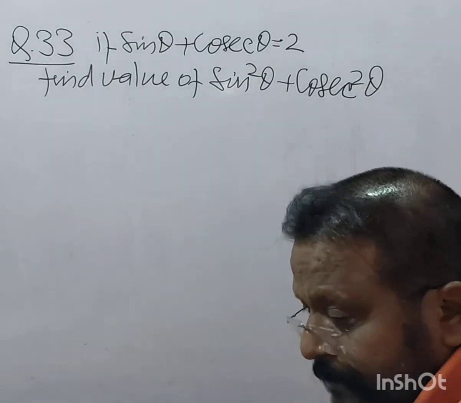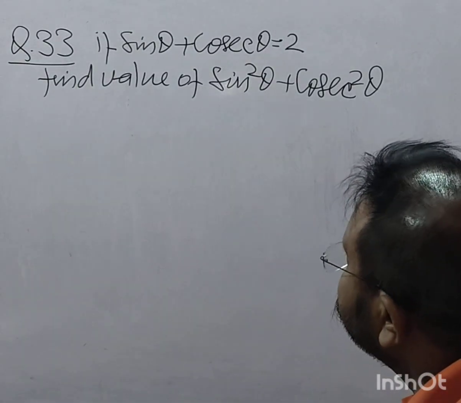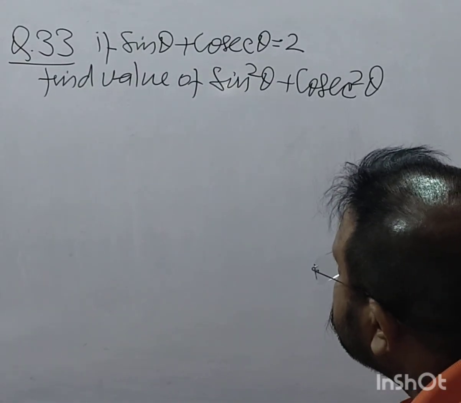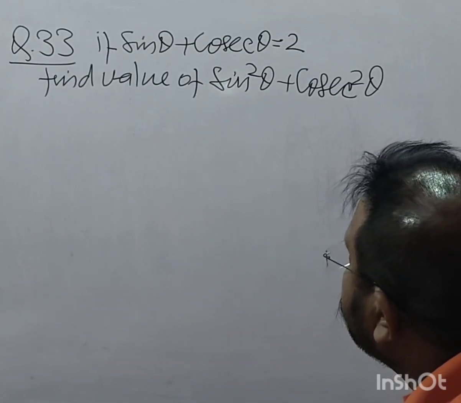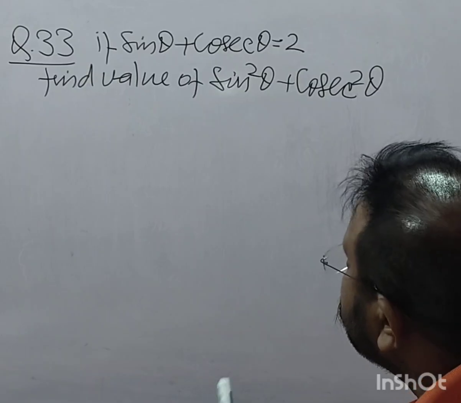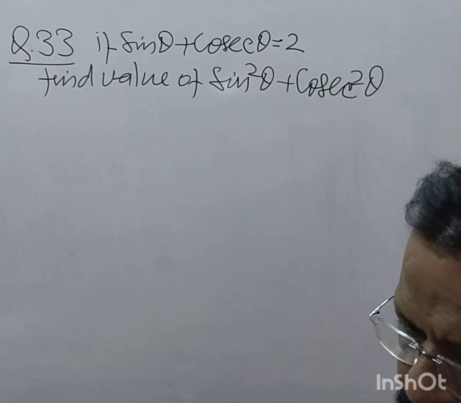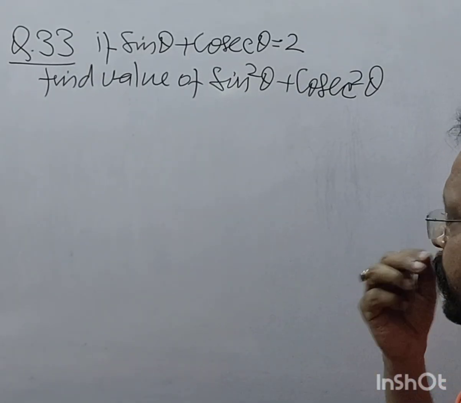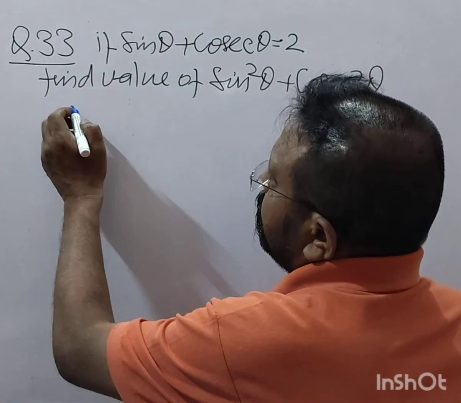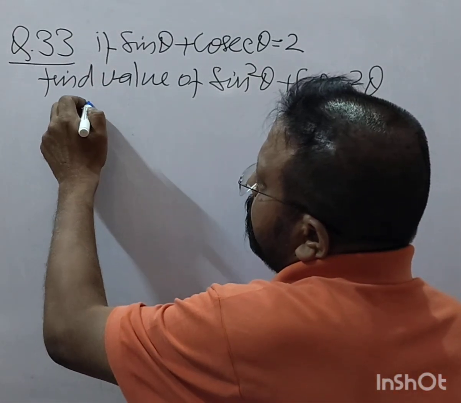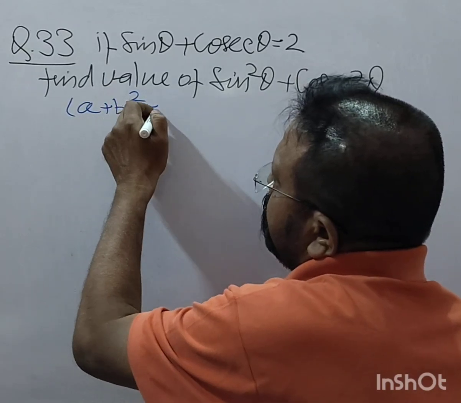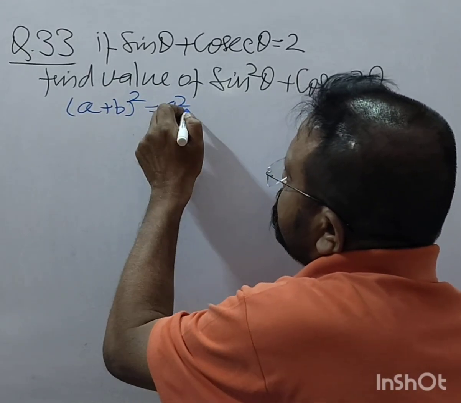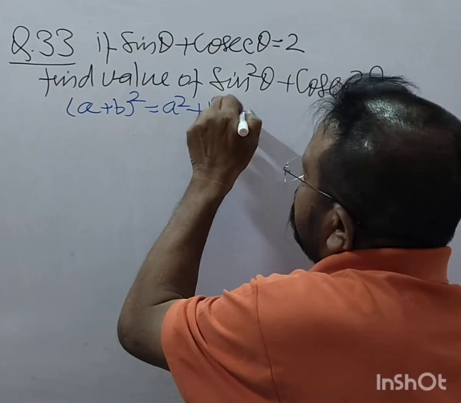This is how you do this. You know the equation a plus b whole square is equal to a square plus b square plus 2ab.